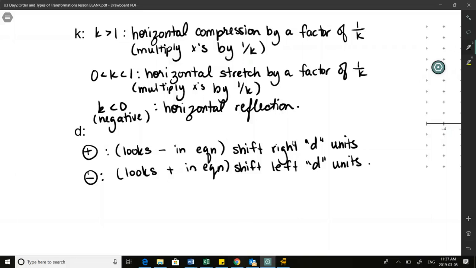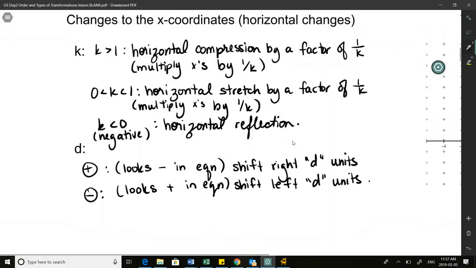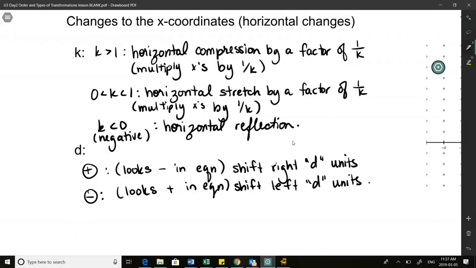If my d is 3, then I'm going to say shift right 3 units, or translate right 3 units, if you want to use translate. And remember, k and d are changes to the x coordinates, and they are horizontal changes.